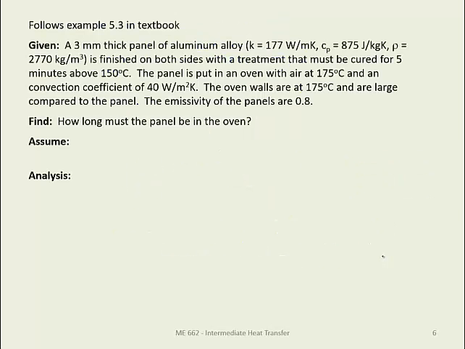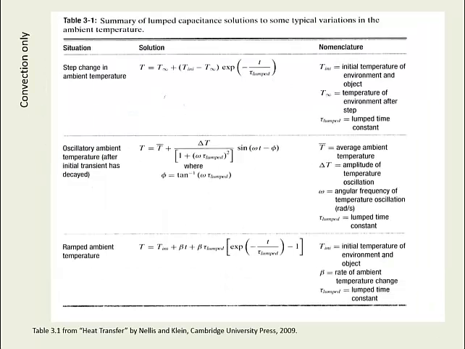Let's go back to this slide. So this equation is a slightly rearranged form of the equation that we just talked about. The one thing that they have done is they have put together a definition.